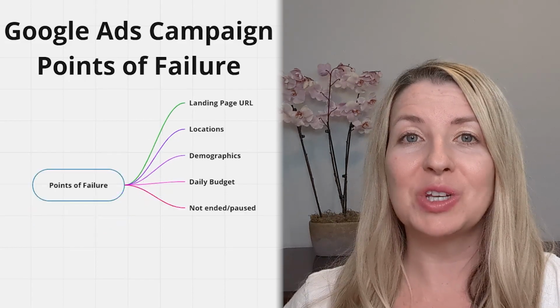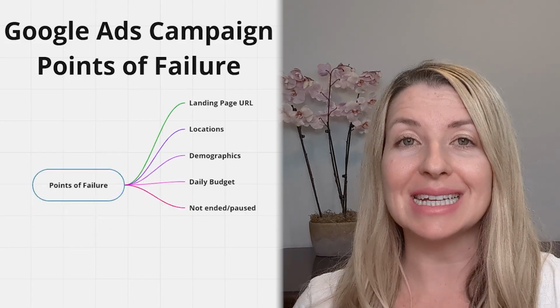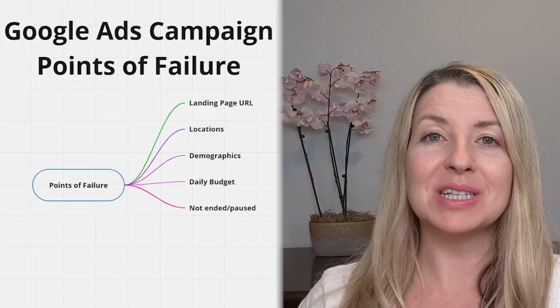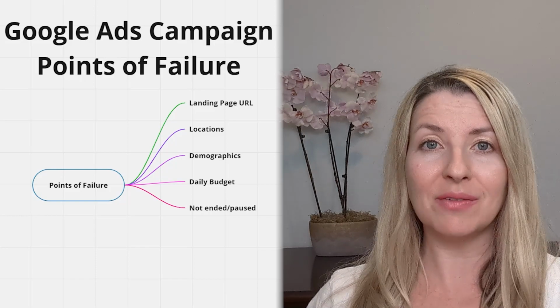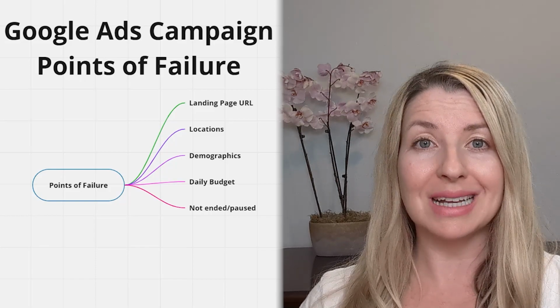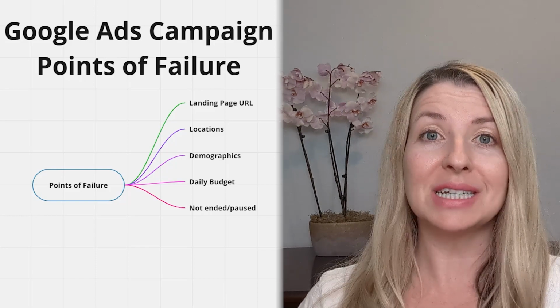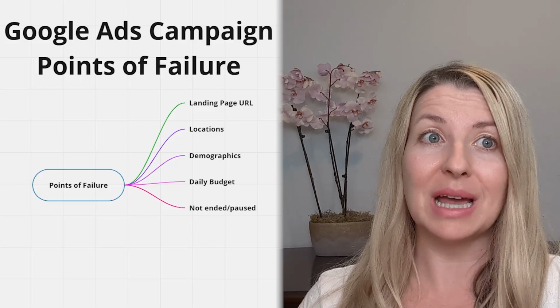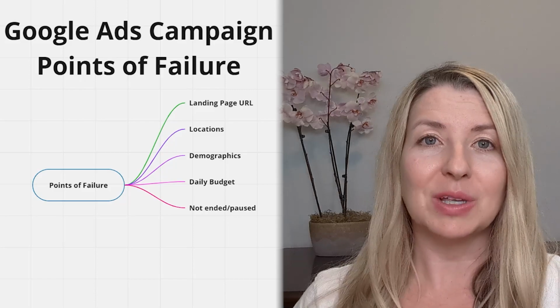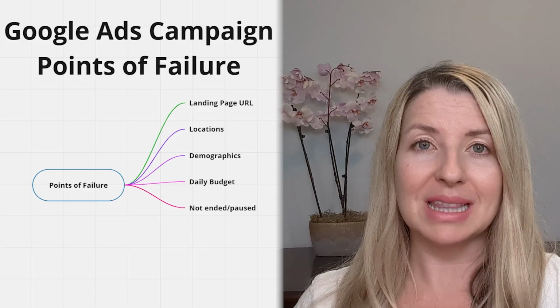Number 5 has to do with your campaign status. I have had instances where campaigns that were pending to go live were uploaded into Google as enabled or active. And so they started spending money before it was approved, and that budget was not approved. So that is a big mistake that can happen.